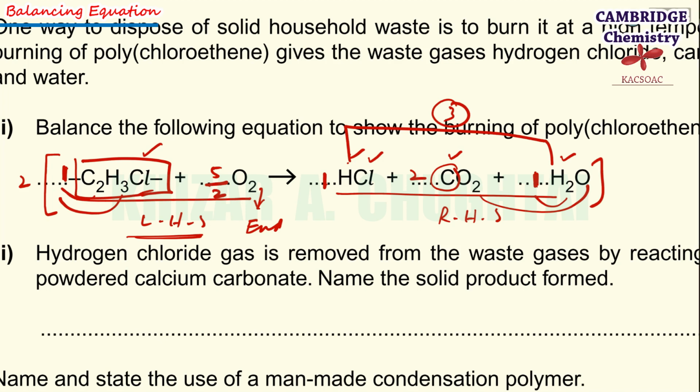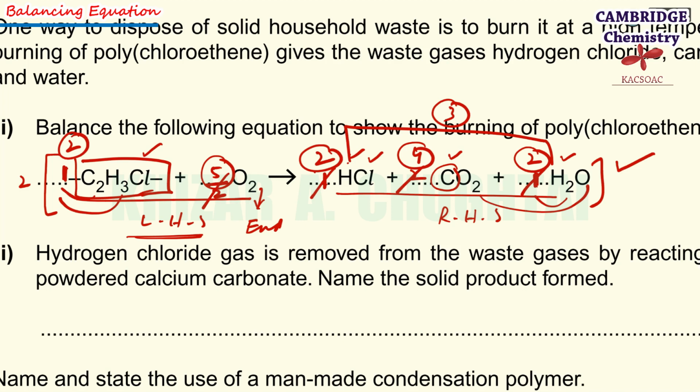So if I multiply by 2, here will be 2 moles, here will be 5 moles, here will be 2 moles, here will be 4 moles, and again 2 moles. 2, 5, 2, 4, 2, and the equation is balanced.